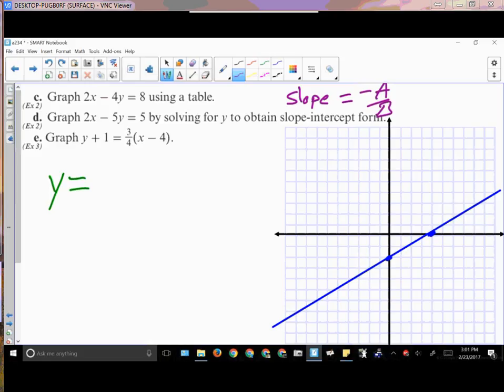So, what is your slope for this one? So what's a? Well, a is 2. It's got to be a negative. And what's b? B is -5. So in actuality, do I even have to worry about those signs? The answer is no. Little trick.